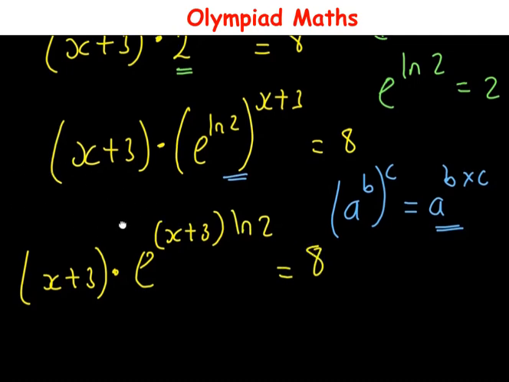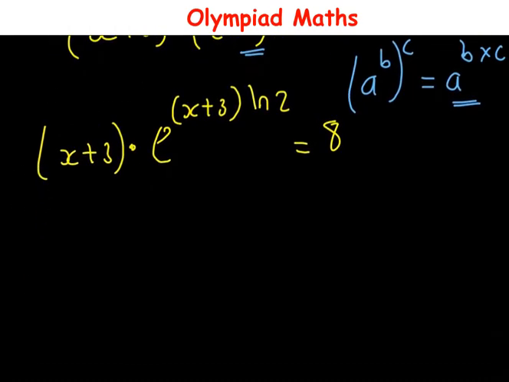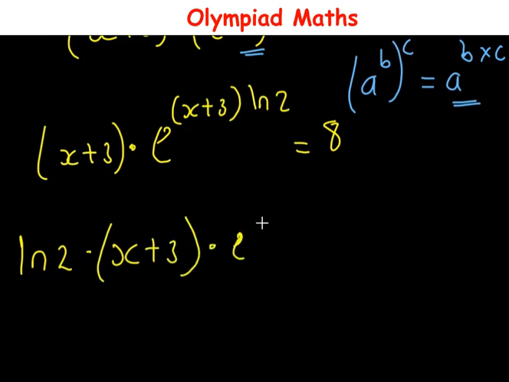From here, the next thing we're going to do is introduce ln 2 to both sides of the equation. So we have ln 2 multiplied by x plus 3, multiplied by e raised to power x plus 3 multiplied by ln 2, is equal to 8 multiplied by ln 2.